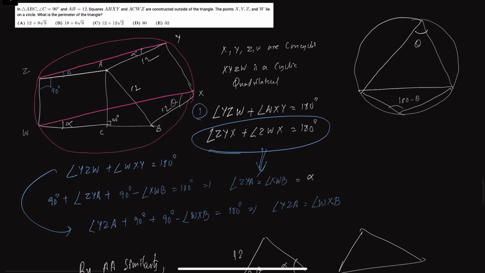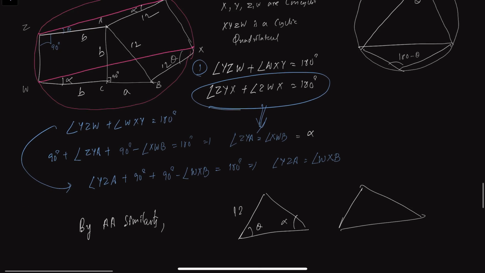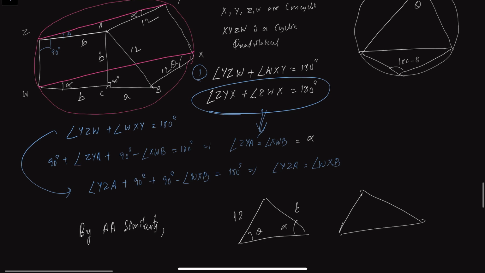Let's say opposite to vertex A, I take it as A, and opposite to vertex B, I take it as B. One triangle has 12 and B: opposite to theta we have 12. In the same way in the other triangle, opposite to theta we have A plus B, and opposite to alpha we have 12.